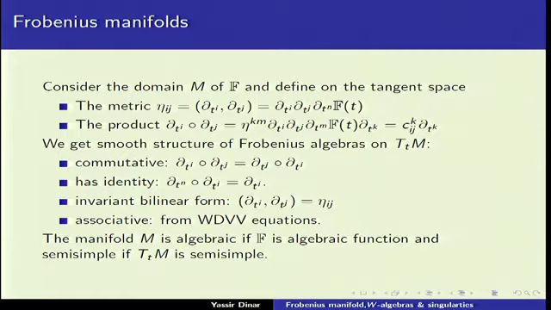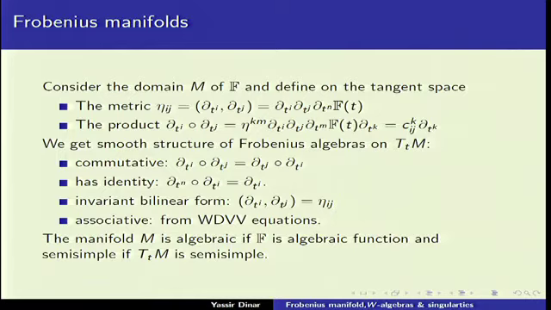This gives you a product in the tangent space, and the product together with the metric defines a structure of Frobenius algebra. This Frobenius algebra in the tangent space will be a smooth structure, and it has all the nice properties you can have.